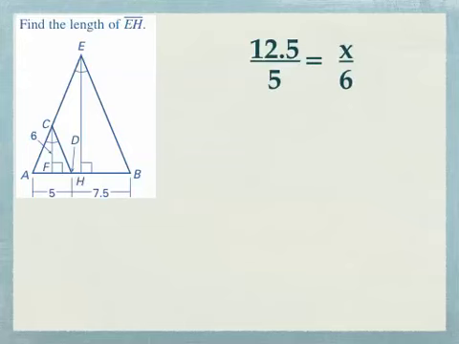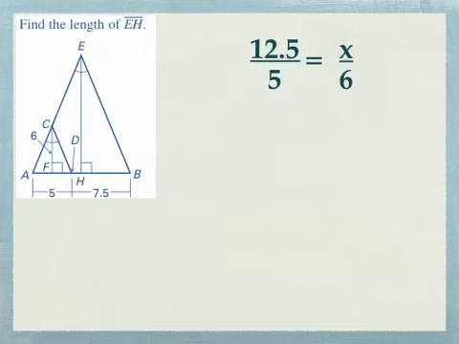So I set up the proportion as 12.5, which is the base of my larger triangle, over 5, which is the base of my smaller triangle, is equal to x, which would be the altitude or the height of my larger triangle, over 6, which would be the height of my smaller triangle.